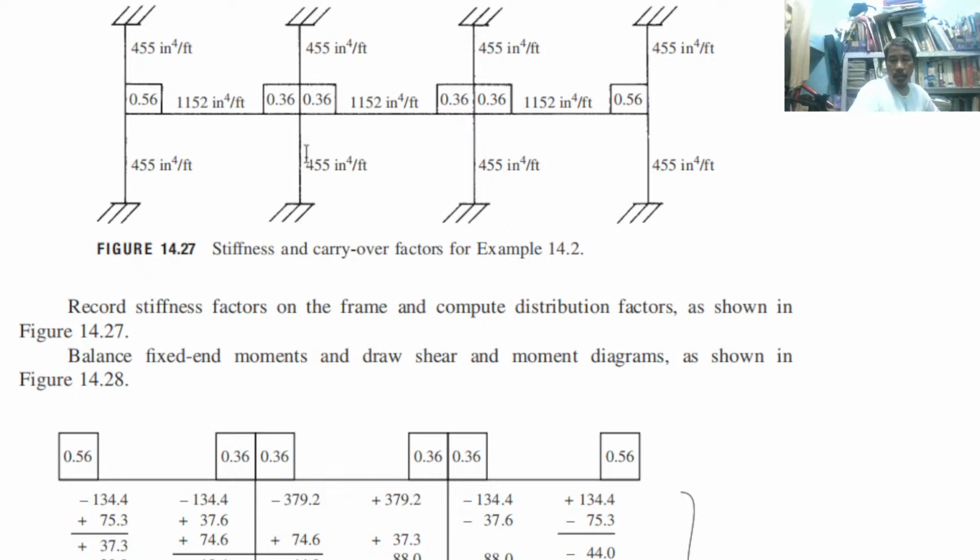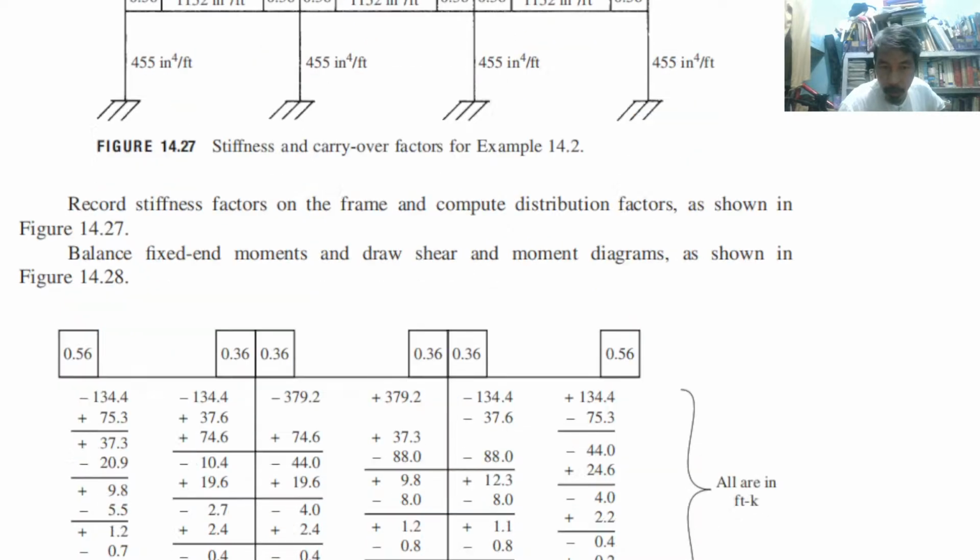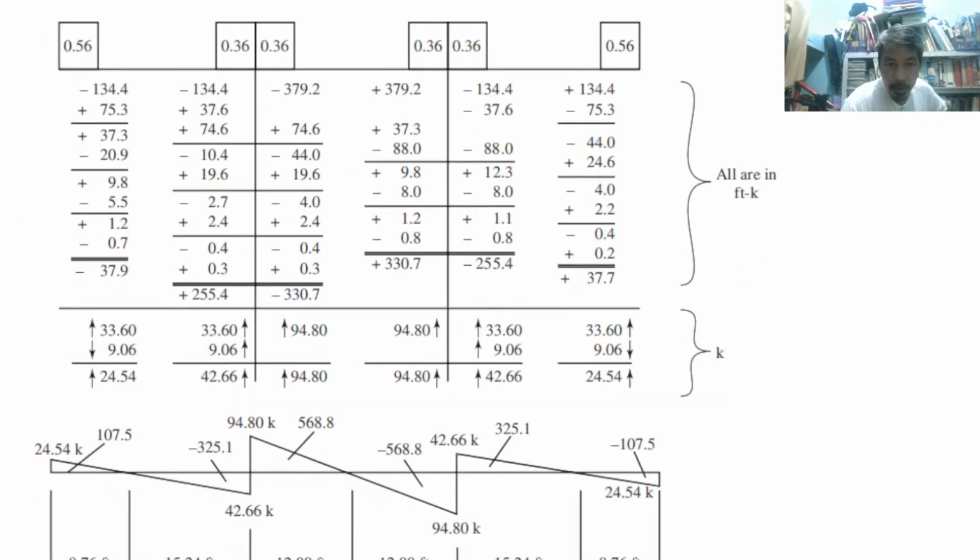Using our structural theory, afterwards you can do this tabulation, iteration. Then because of this negative 37.9, that is our moment, and so on.